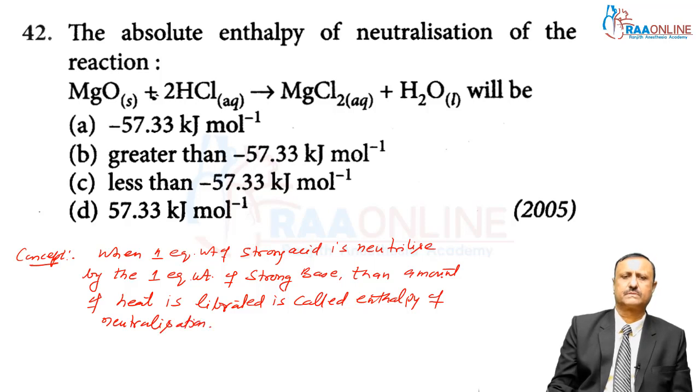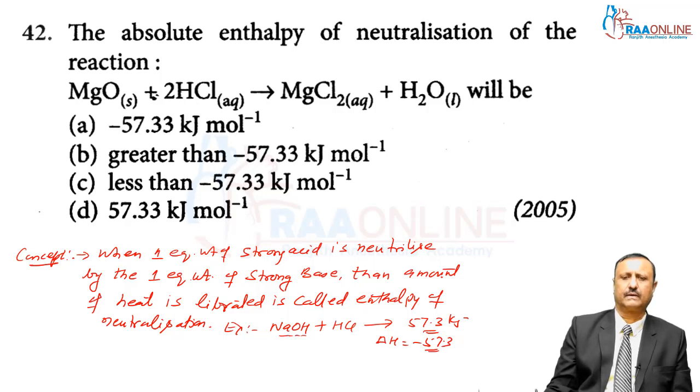Here, my dear students, for example, 1 mole of NaOH strong base and 1 mole of HCl are neutralized to give 57.3 kilojoule of heat, and delta H is minus 57.3.